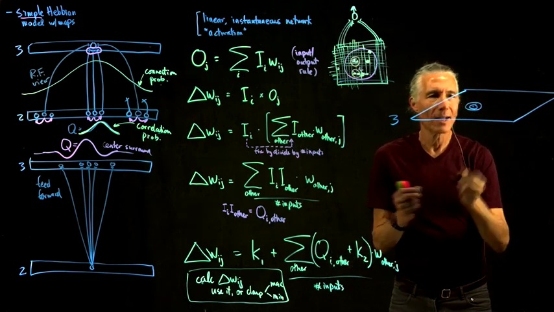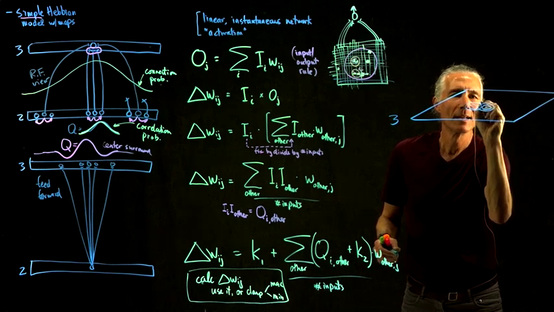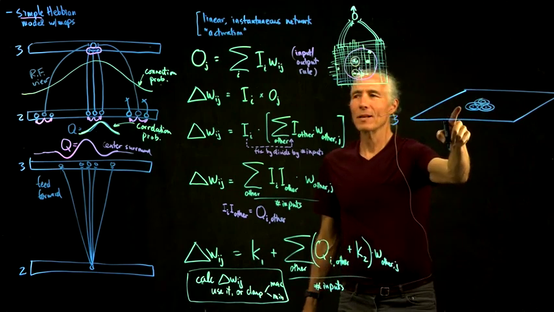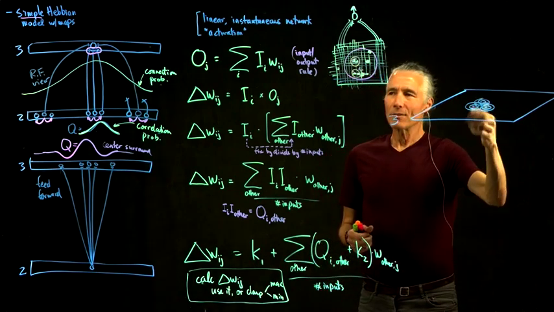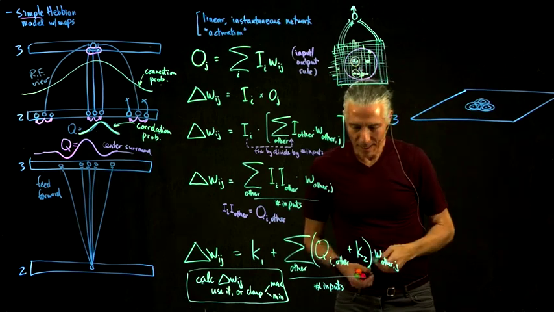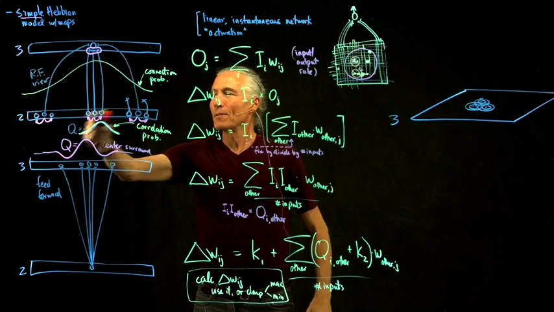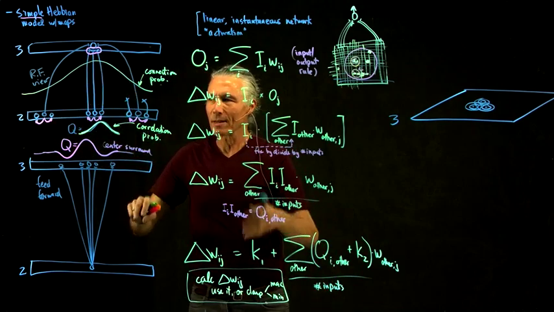And then you've got another guy over here, and it's got the same thing. And another guy over here, it's got the same thing. So everybody in this input layer has a center surround type correlation. We're assuming that came from the fact that when we went from layer 2 to 3, the center weights got the leg up, and that generated a center surround structure.